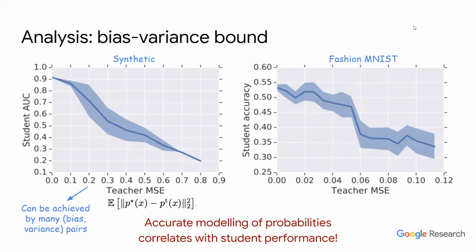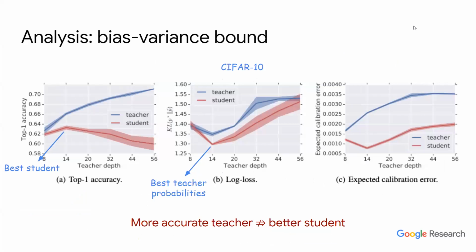So this tells you that accurate modeling of probabilities is really well correlated with the student performance in the end. You can also see this is CIFAR-10, a really popular computer vision classification dataset. This is top 1 accuracy, and this is the depth of the teacher.